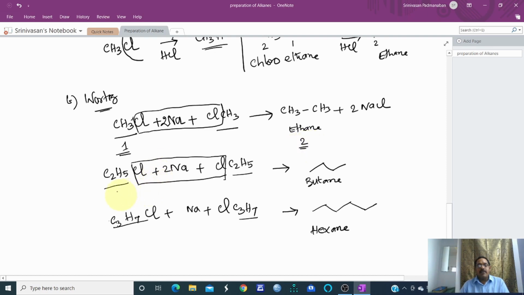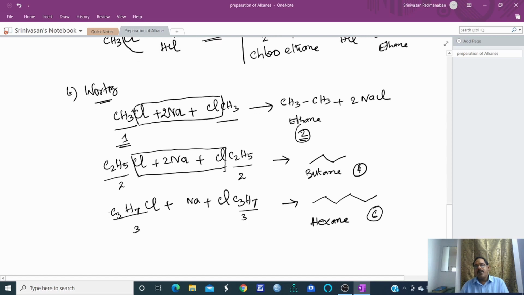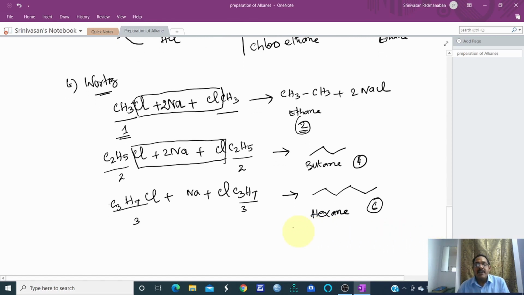Now we are taking the next series, which consists of 2 carbon atoms. Again it forms a dimer, it forms 4 carbon atoms. Now let us take 3, here also 3 carbon atoms, it forms a dimer to give a product which consists of 6 carbon atoms. So what is our generalization? The generalization is that if you are taking x, you will be getting a 2x alkane, 2x number of carbon atoms, that alkane will be formed.